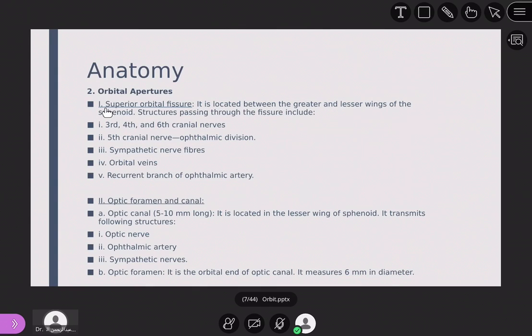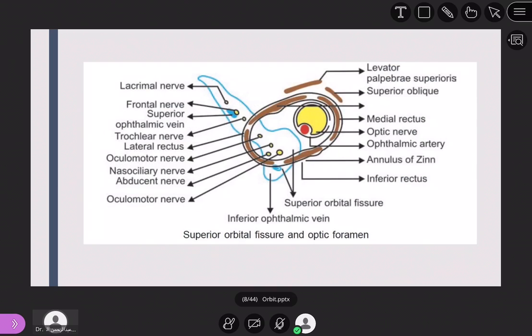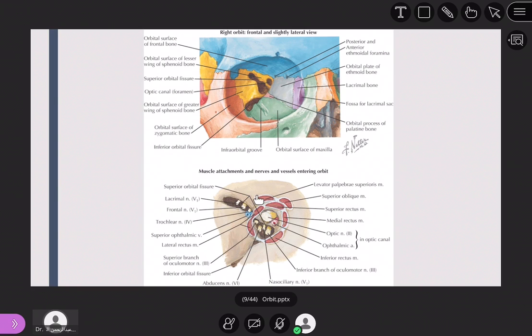In the superior orbital fissure, we have everything: third, fourth, sixth, and the ophthalmic division. Not all of the fifth, only the ophthalmic division of the fifth. So this is the superior orbital fissure.